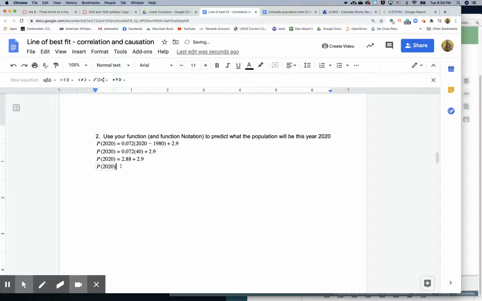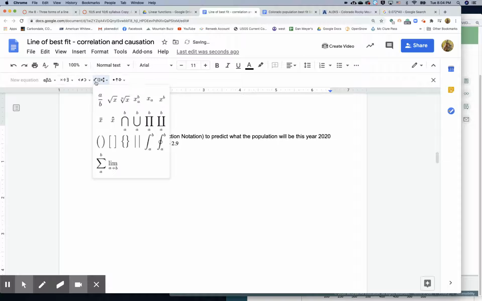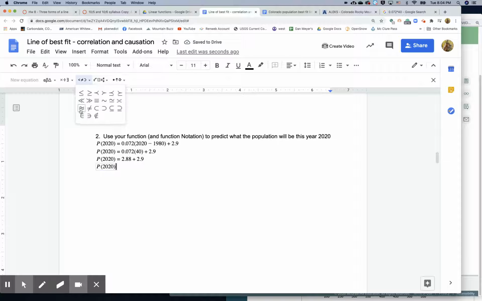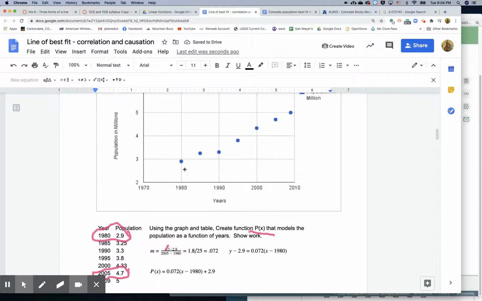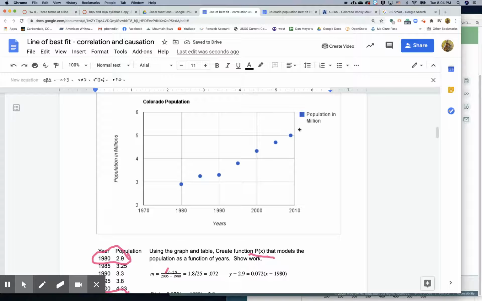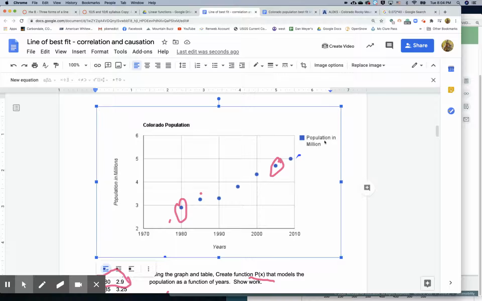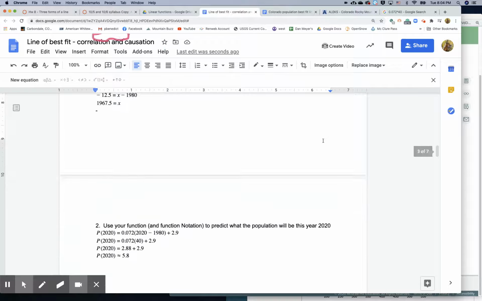Approximately, we can use our little approximately symbol, 5.8 million people. If you follow this graph up, it's going to come up here at 2020, and you can see that line extends up just under 6 million.